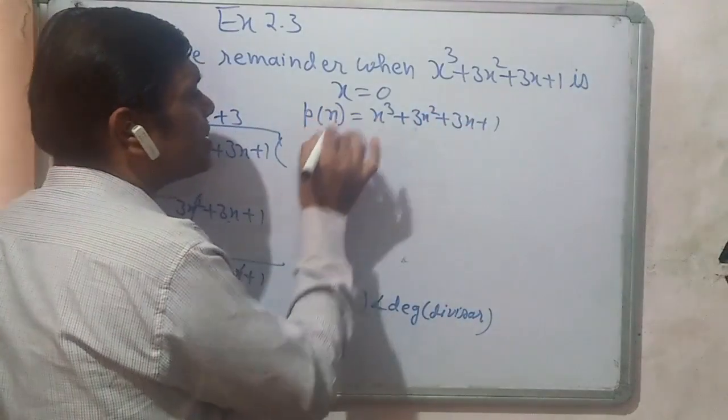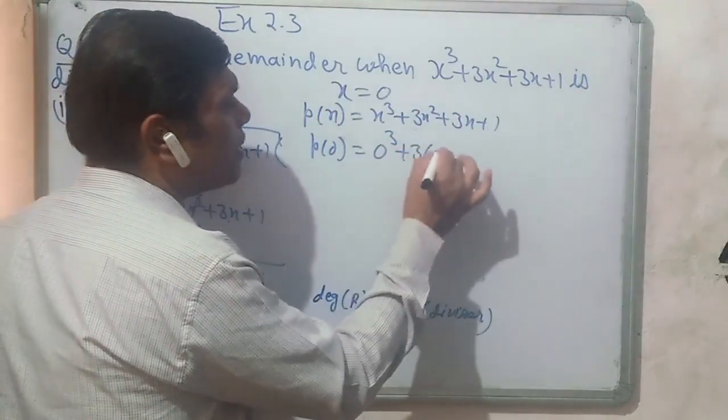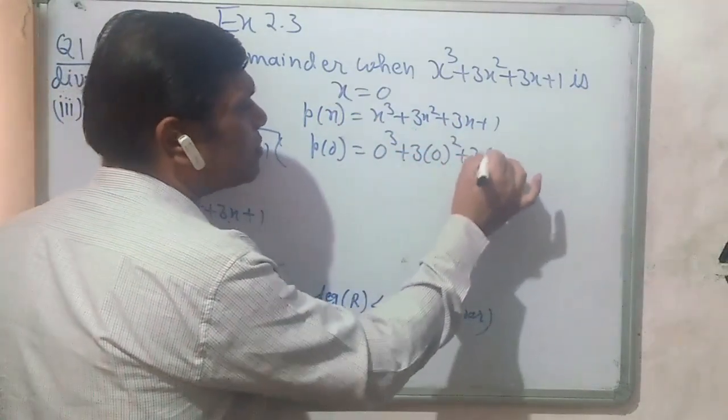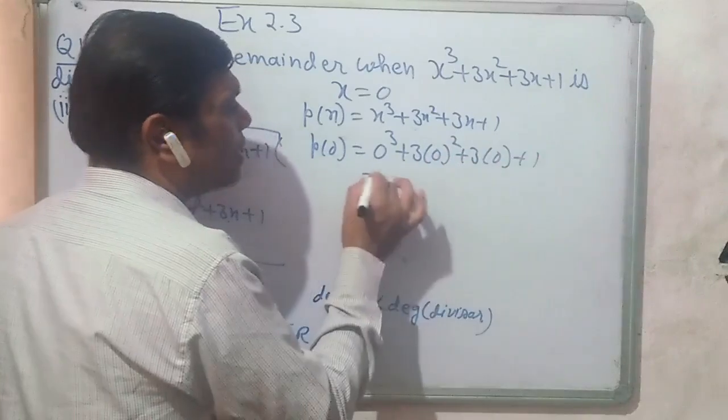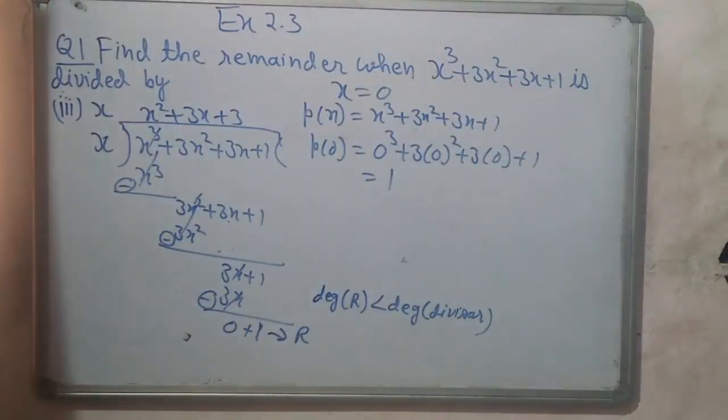We have to put x as 0. So that will give us 0 cube plus 3 into 0 square plus 3 into 0 plus 1. That will give us 1 again. So once again, after this third division, we have verified by actual division as well as by the remainder theorem that the remainder remains the same.